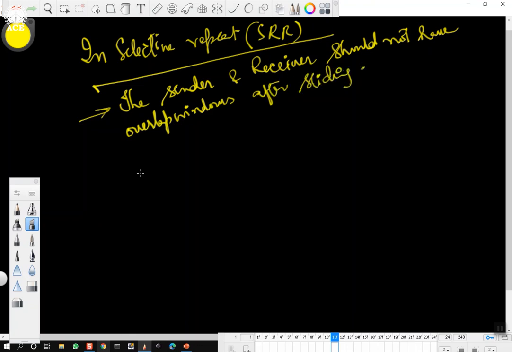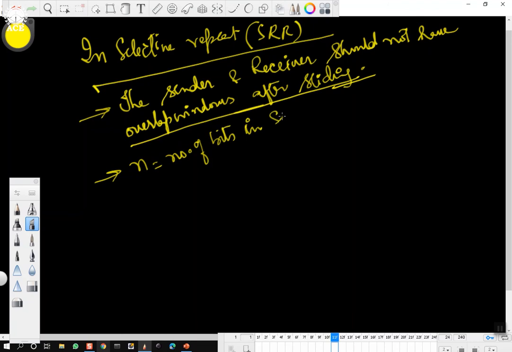Hence, to overcome this overlapping of windows as I showed earlier, suppose n represents the number of bits in the sequence number, and let capital N indicate the total number of sequence numbers, which is equal to 2 power n.